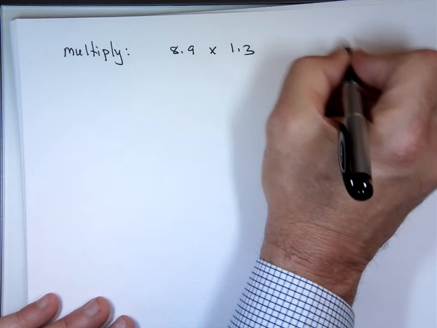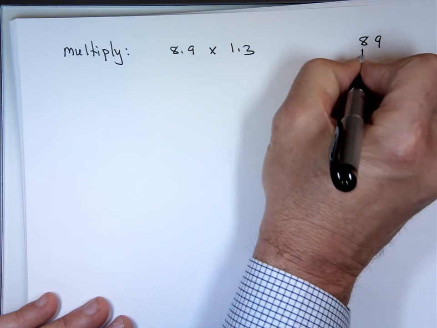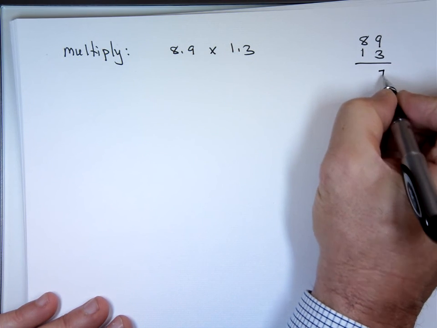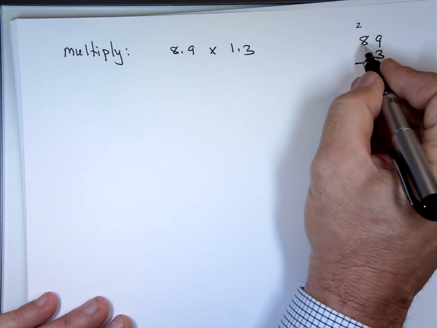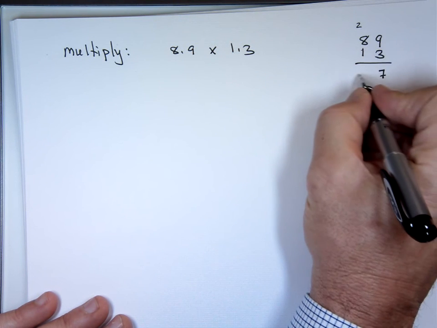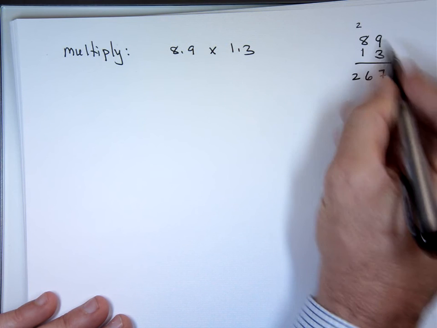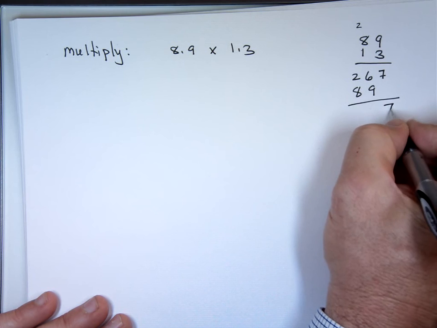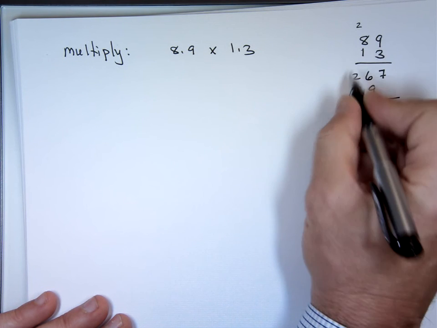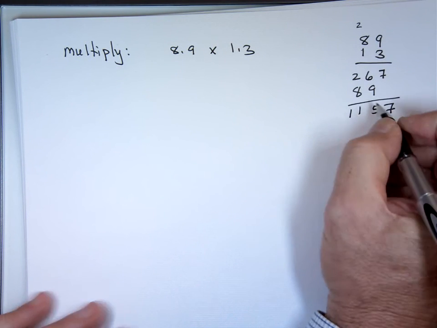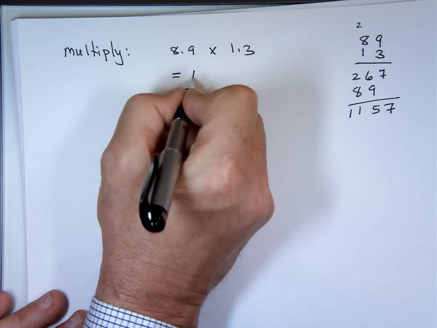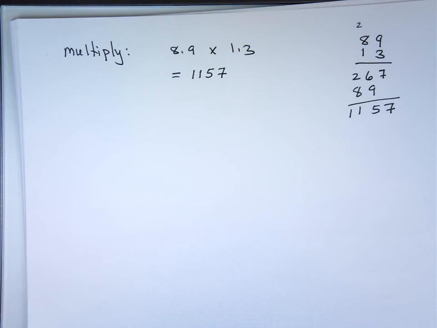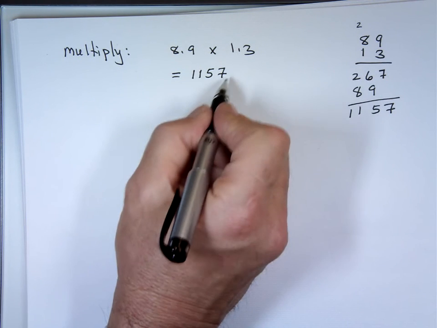I multiply them without the decimal. 13. 3 times 9, 27. 7 carry 2. 3 times 8, 24 and 2, 26. 1 times 9, 9. 1 times 8, 8. 7, 15, 5 carry 1, 11. And you're going to move the decimal point how many places? 2. Start from here. 1, 2. That will put it right there.